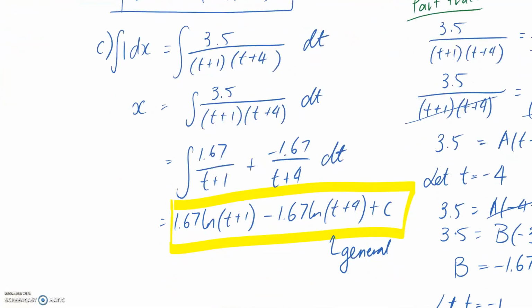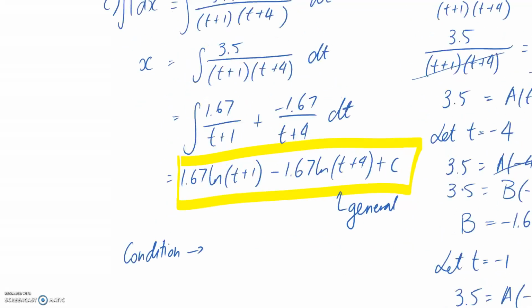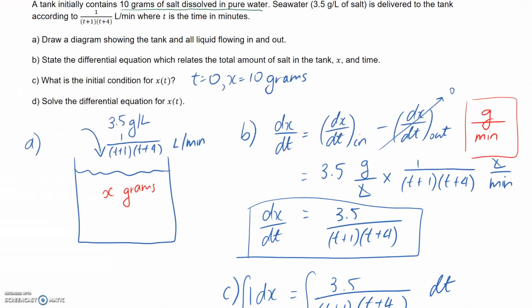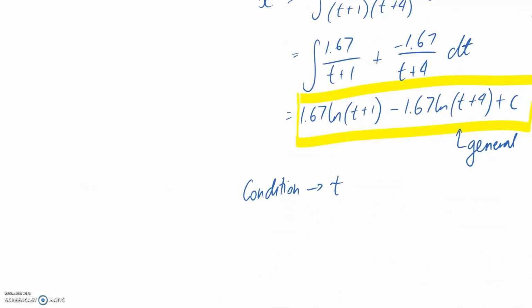So what we want is not just any general solution though, we want the specific or unique one that meets our case. And how we get that is from our initial condition, which we identified above. So we have for our initial condition at t equals 0, x equals 10.